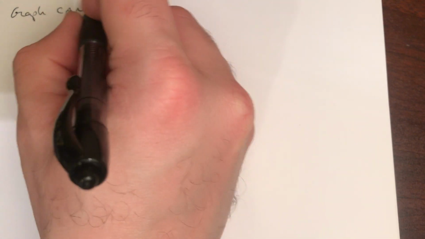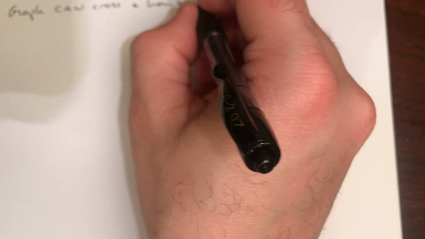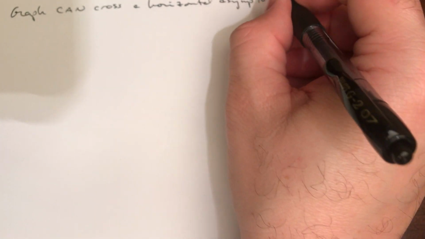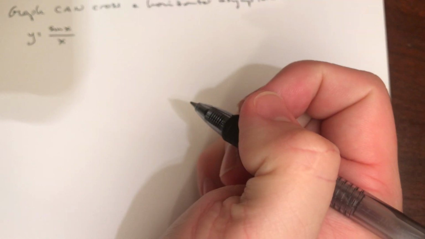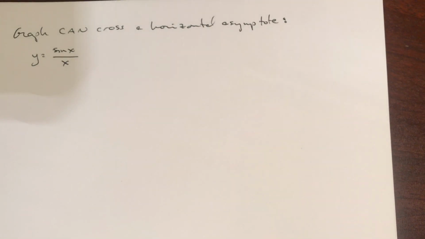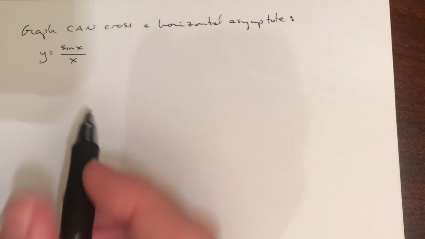One that actually crosses a horizontal asymptote, y equals, say, the sine of x over x, is going to cross its horizontal asymptote an infinite number of times, in fact.